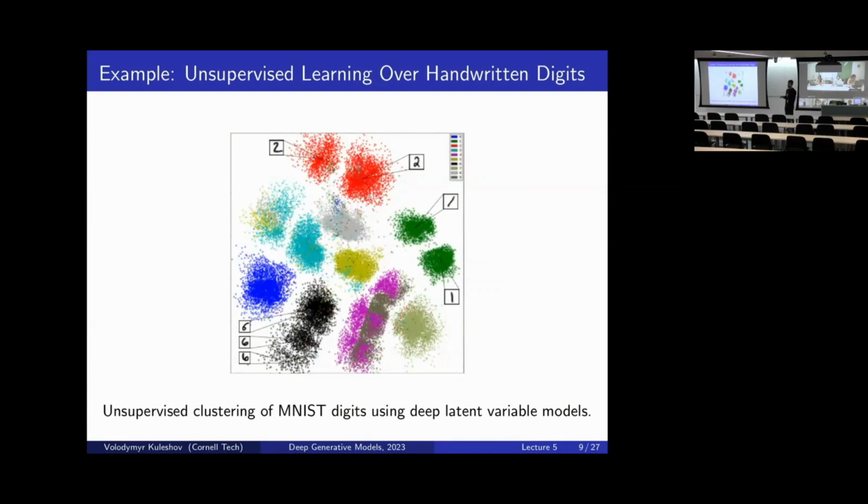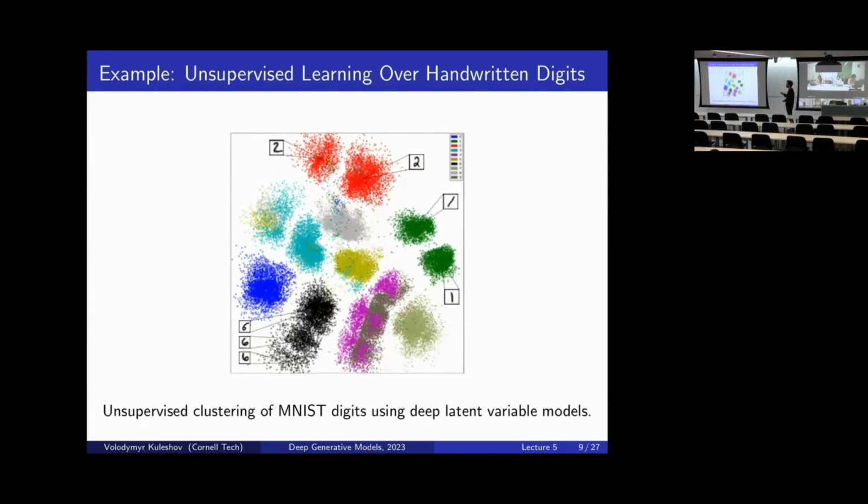And after we learn the model, given each x in our data set, we can ask, what is the most likely z? And so for each x, we get a two-dimensional representation of that image. What we have on this figure is a plot that visualizes these two-dimensional representations. So each point here in this 2D plane is an image, and its coordinates are given to us by the 2D representation z that the model has computed for x.